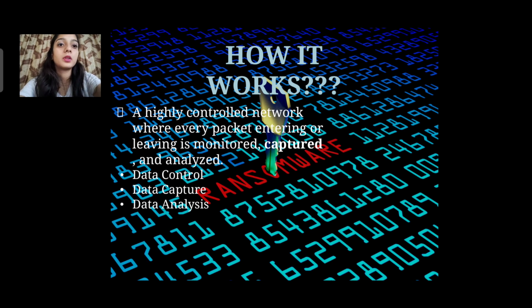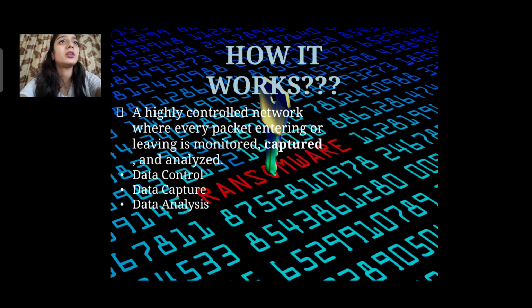The main types are data control, data capture, and data analysis. Honeypots are not a solution. They are a highly flexible tool with different applications to security. Primary value is in detection and information gathering.